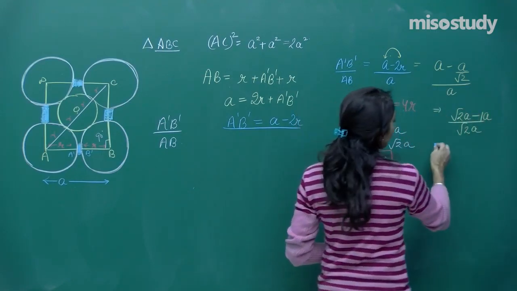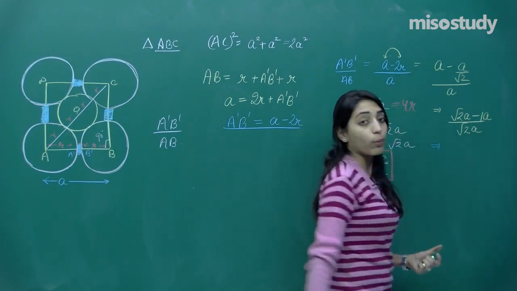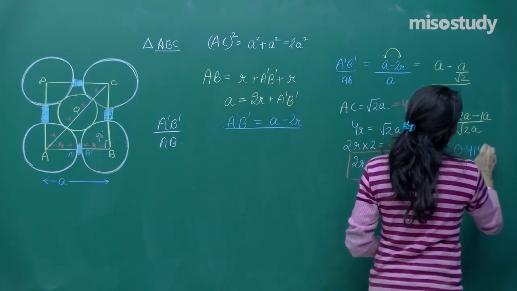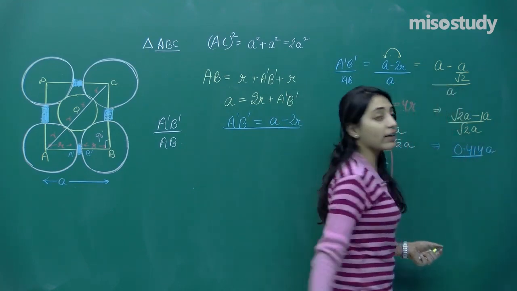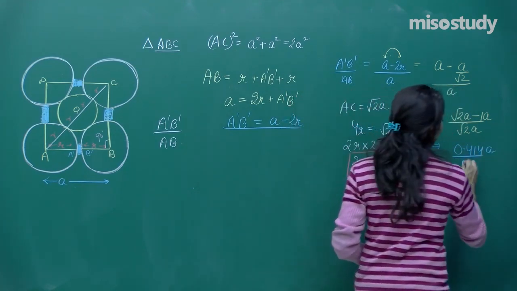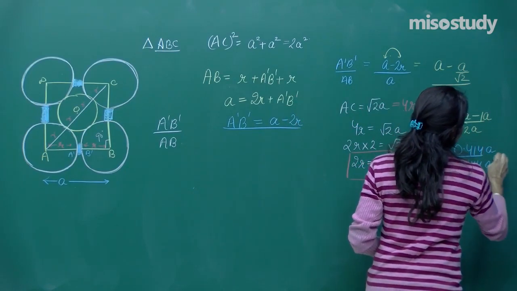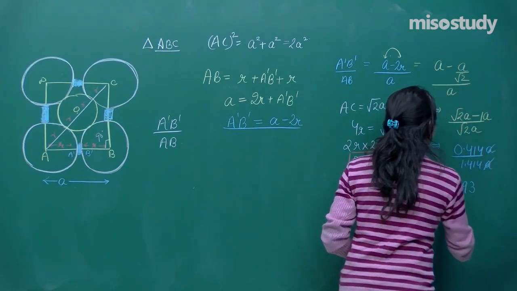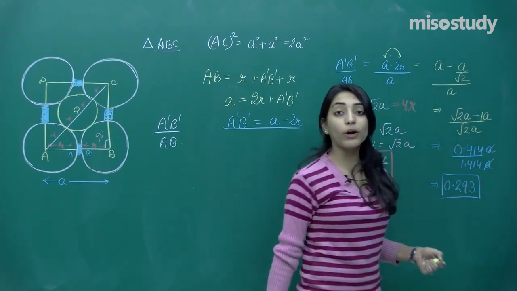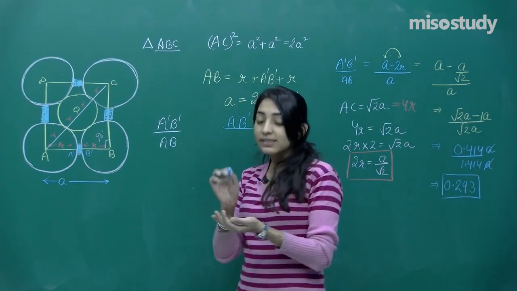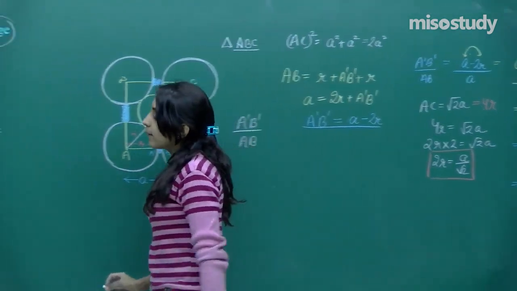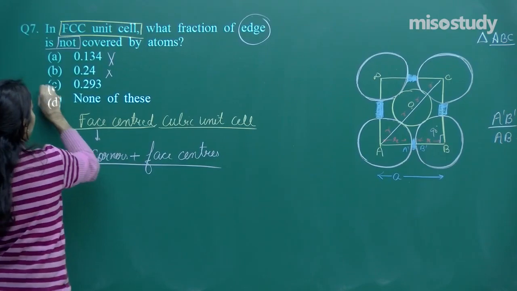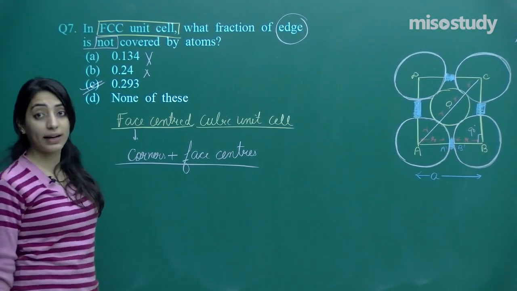So now we have root 2 as 1.414. 1.414 minus 1 is 0.414, to be divided by root 2, which is 1.414. A got cancelled. If you solve it, you will end up getting the value as 0.293. Let's see if there is an answer like this. 0.134, no. 0.24, no. 0.293 has been given, the correct answer.